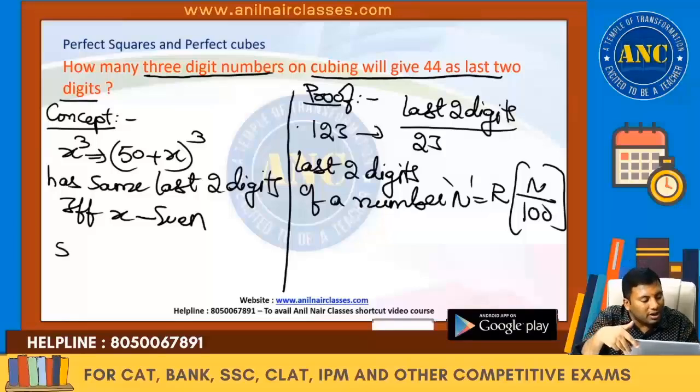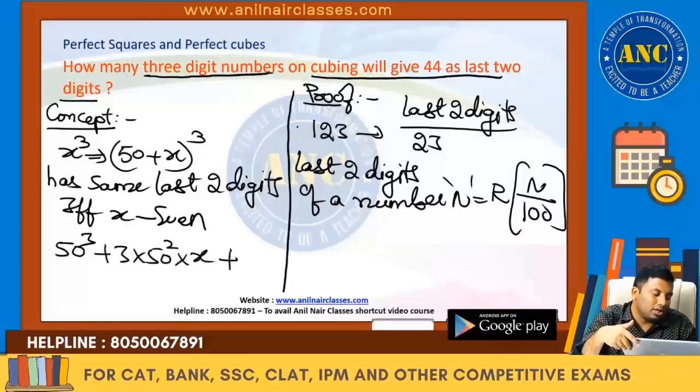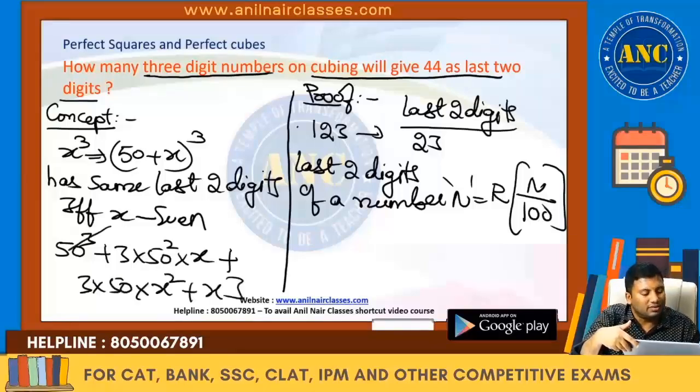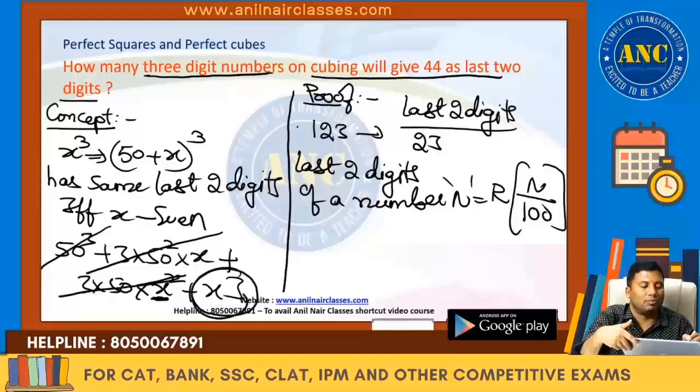If I expand this bracket, (a plus b) whole cube, we get a cube, next is 3a square b, next is 3ab square, and next is b cube. These are divisible by 100, and x is an even number. Even number square means it is divisible by 4. These are also divisible by 100. What is remaining? x cube.